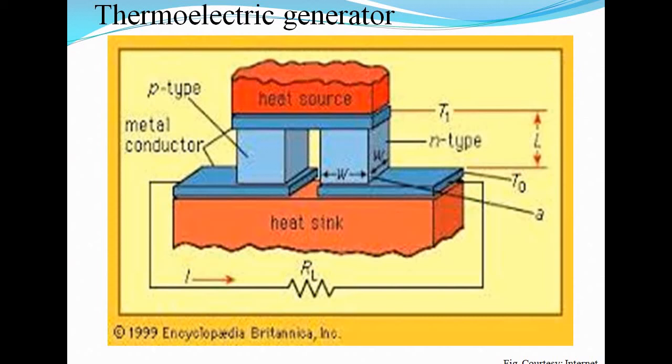So here you can see, this is the P type semiconductor material, and this is the N type semiconductor material, and these are the two metal conductors, and in between, P type and N type material is sandwiched. Then one portion at the top is the heat source, that is we are supplying heat from this heat source, and this is the heat sink where heat will be ejected, or it will be at low temperature compared with the heat source.